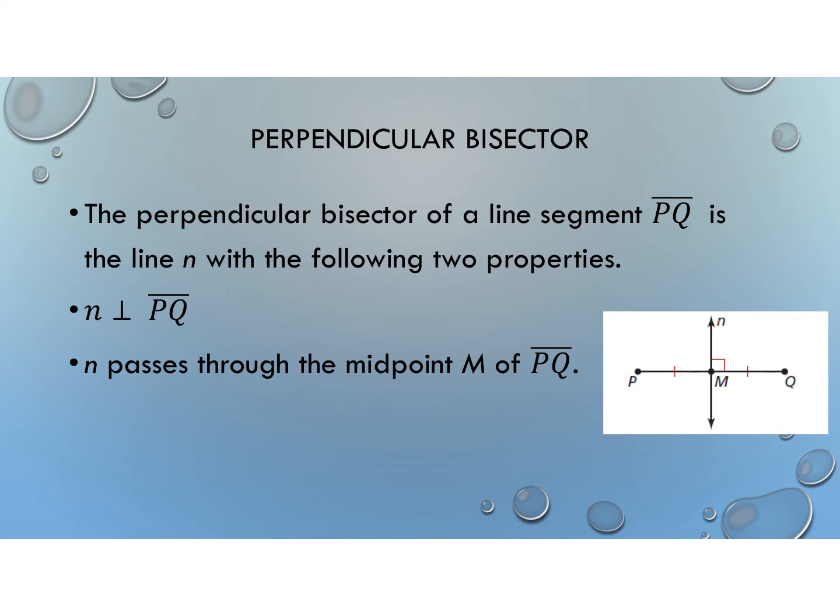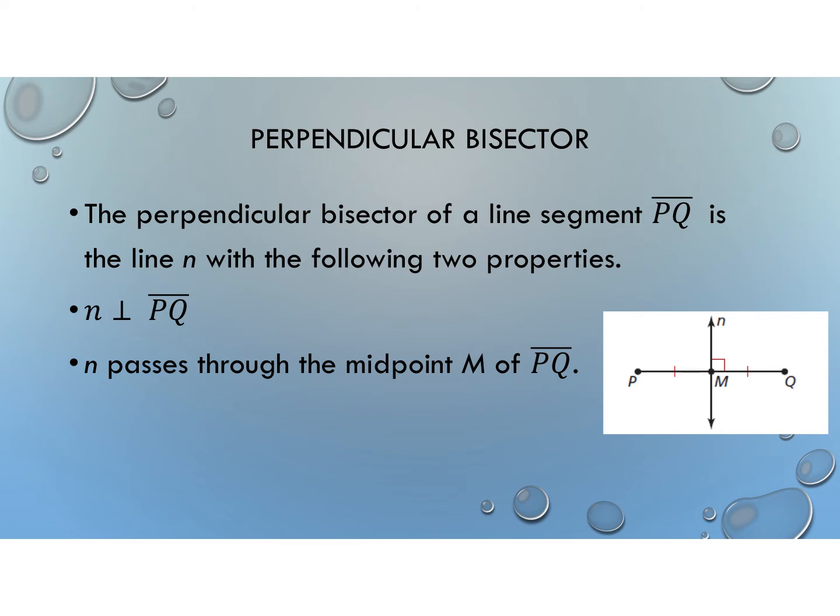Next, we're going to talk about a perpendicular bisector. In this particular picture, the perpendicular bisector of line segment PQ is going to be line N with the following 2 properties. N must be perpendicular to segment PQ, and N must also pass through the midpoint, which is point M, of PQ. Remember, a bisector creates 2 congruent pieces.